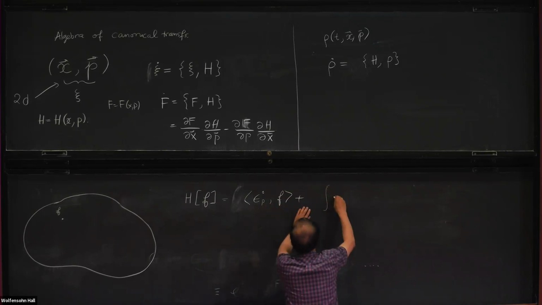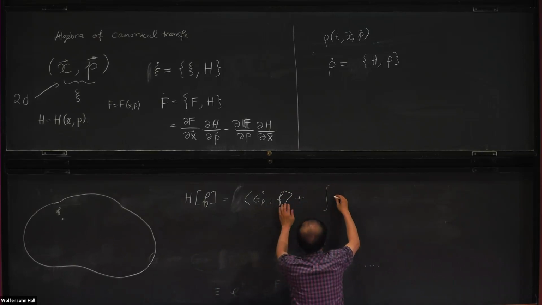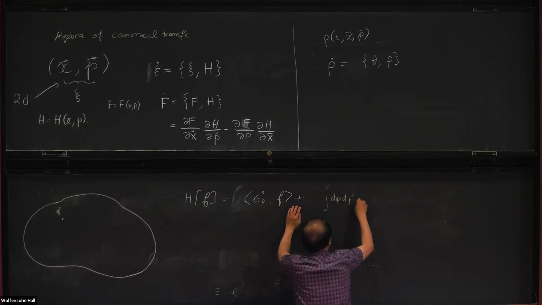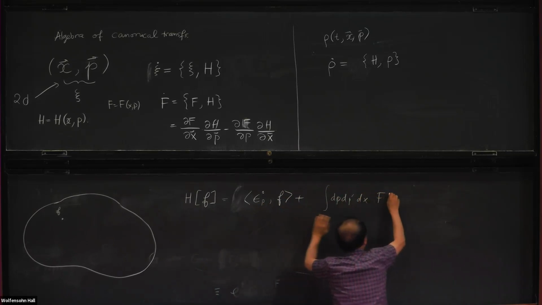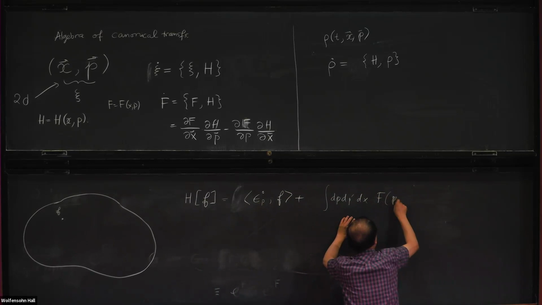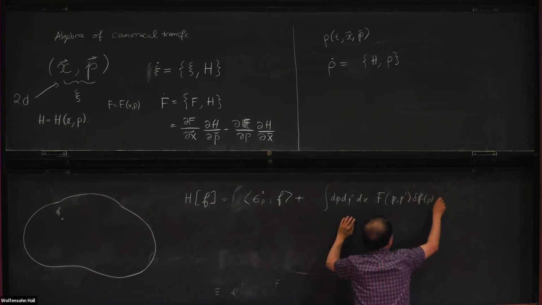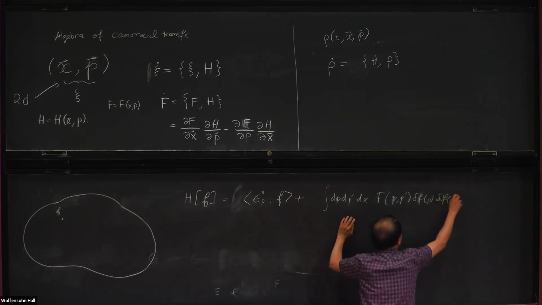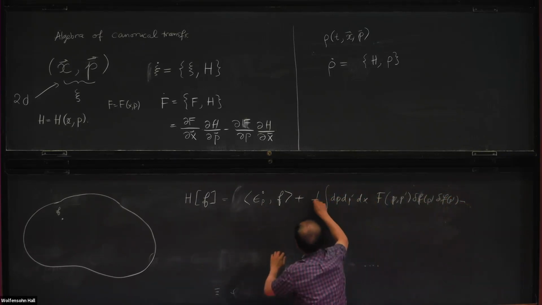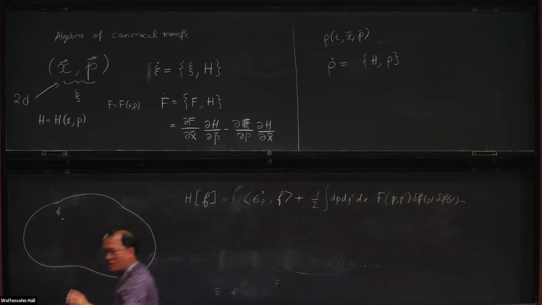The Landau parameter has to be written in an expansion, like the integral dp prime dx, some Landau function of p and p prime, delta f p delta f p prime, etc. But it is just some function that maps a point on the co-adjoint orbit to a number. So each f has an energy.